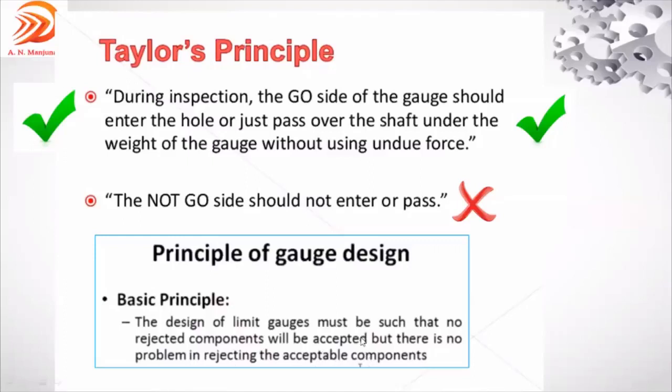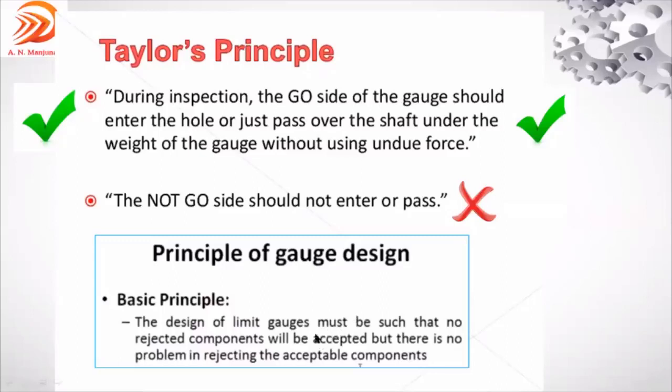This is the first one I told. The design of the limit gauge must be such that no rejected component will be accepted. A rejected component from the lot, even though it has been rejected, under any condition, you should not accept it. Suppose a component is defective and you accept it; if that component reaches the customer, the customer will have a bad experience about the organization's product.